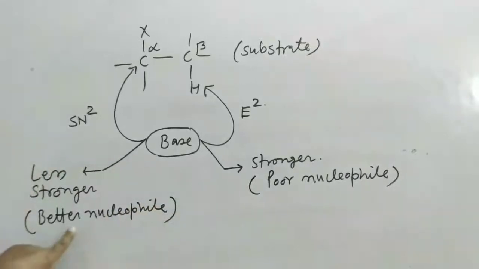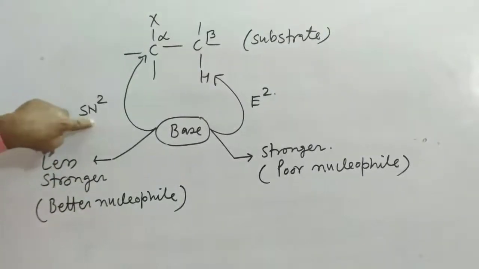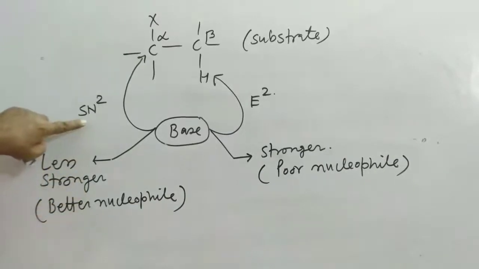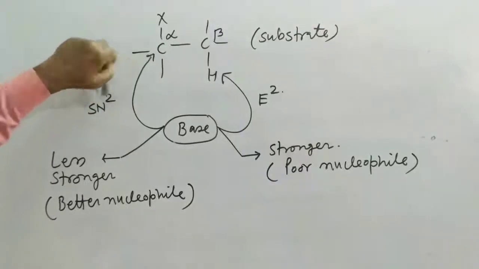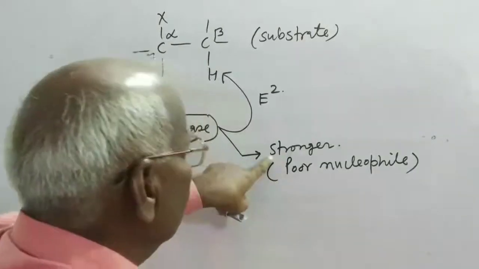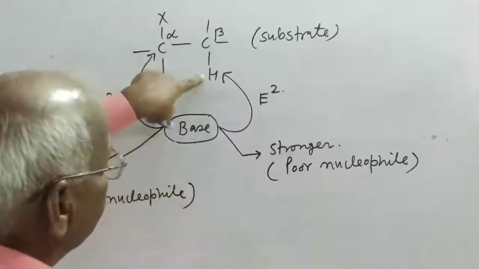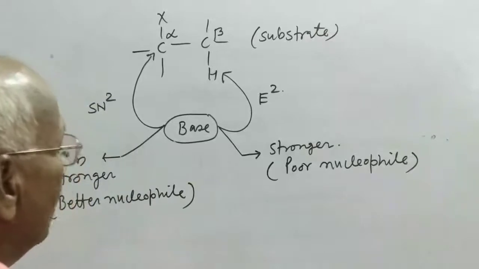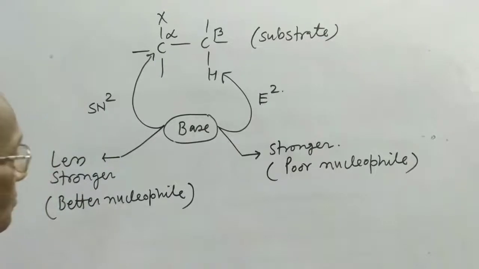Since it is a better nucleophile, it initiates the nucleophilic substitution reaction, bimolecular, by reacting at the alpha carbon atom. And in this case, since the base is stronger, it is a poor nucleophile, therefore it reacts with the acid, that is the beta proton. So this is the point of reference between E2 and the SN2 reaction.